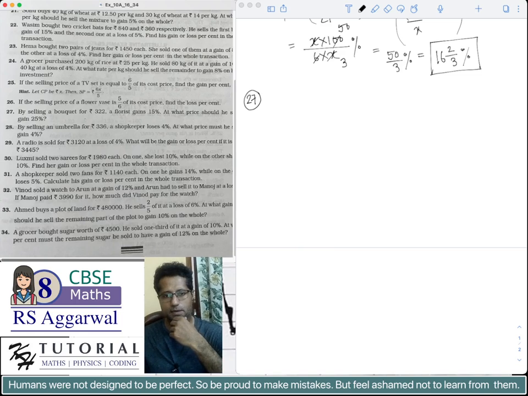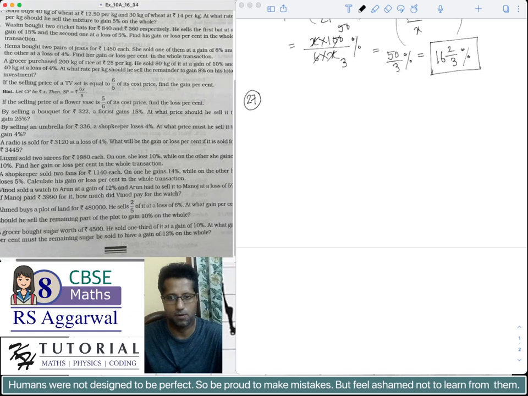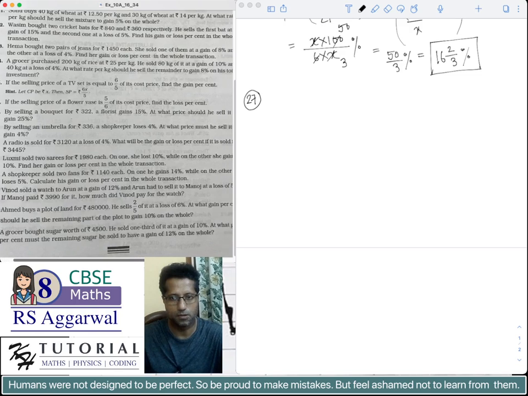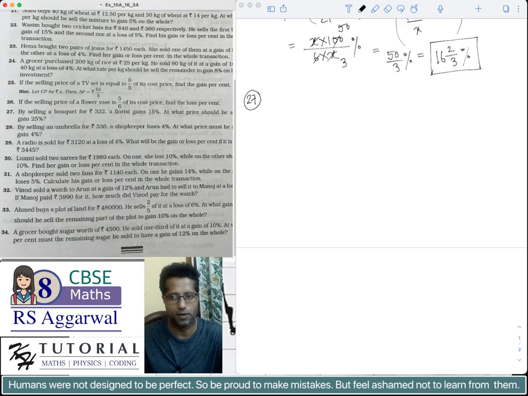So it is given that by selling a bouquet for rupees 322, a florist gains 15%. Okay, so from here we can definitely find the cost price. And the question is, at what price should he sell it to gain 25%?